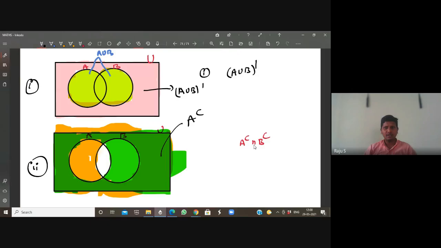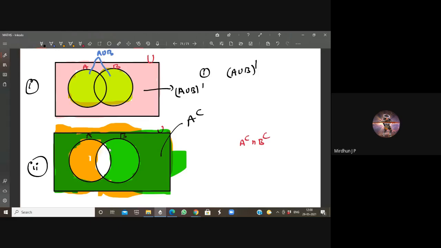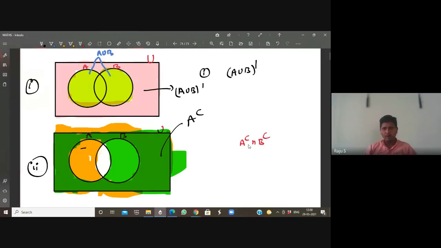A complement intersection B complement. So other than A and B, that is the answer, sir. What is the region common to A complement and B complement?